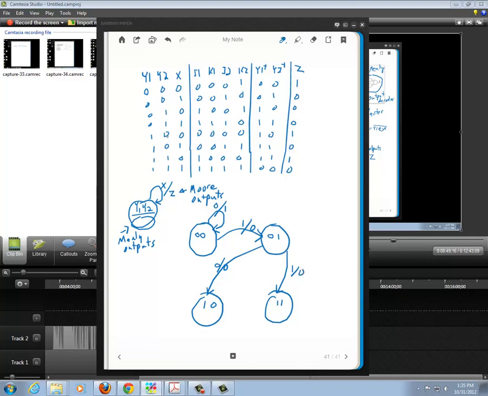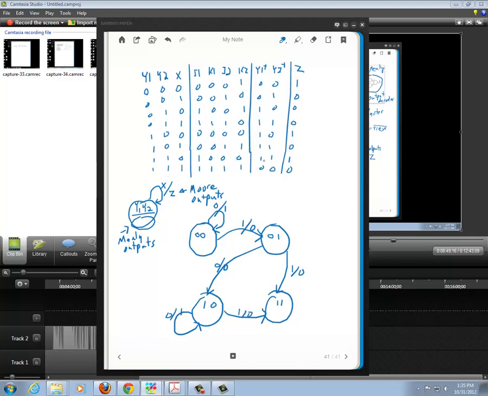Fifth row, state 1, 0 to state 1, 0, so it stays at itself when X is 0 and Z is 1. State 1, 0 to state 1, 1 when X is 1 and Z is 0.